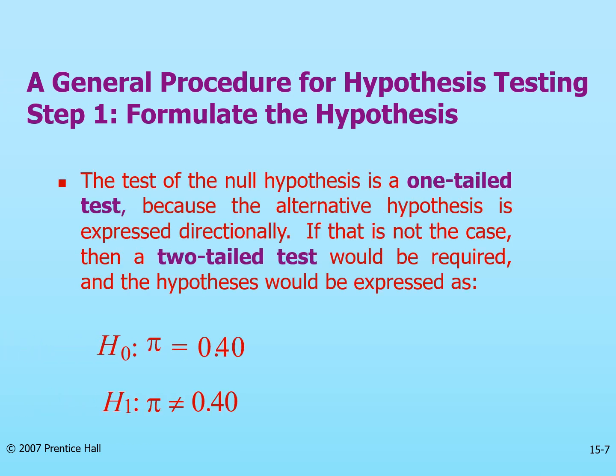The test of the null hypothesis is a one-tailed test because the alternative hypothesis is directional. In the earlier slide we did it directionally. We said greater than. Here, if that is not the case, we are saying it is not equal to 40.